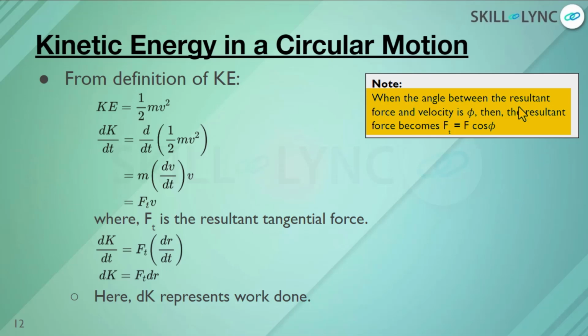We have already studied that when the resultant force makes an angle of 90 degrees with the velocity, that is, when the resultant force is perpendicular to the velocity, then Ft becomes F cos 90, which is equal to 0, since cos 90 is equal to 0. Thus, the resultant tangential force would be 0.